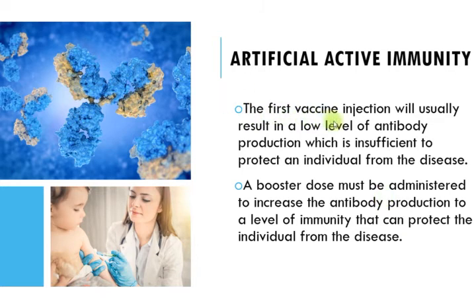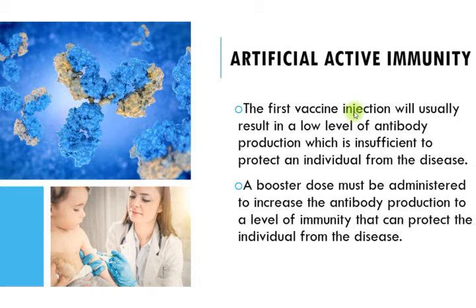The first vaccine injection will usually result in a low level of antibody production, which is insufficient to protect an individual from the disease.